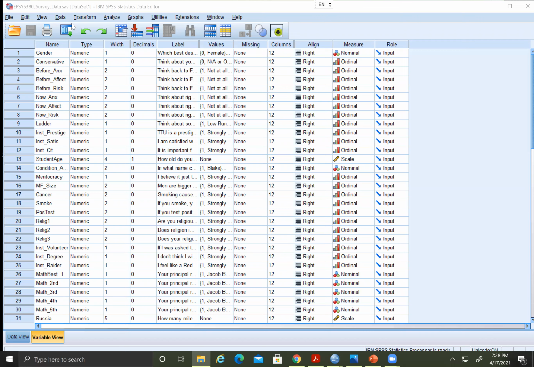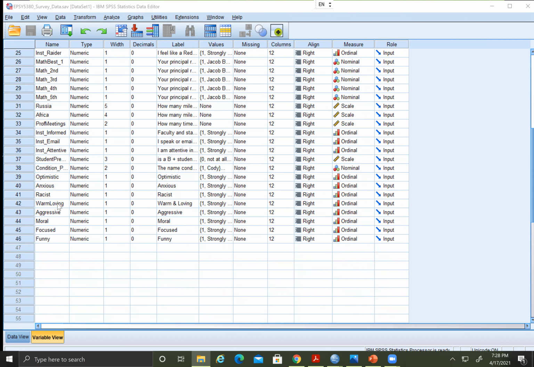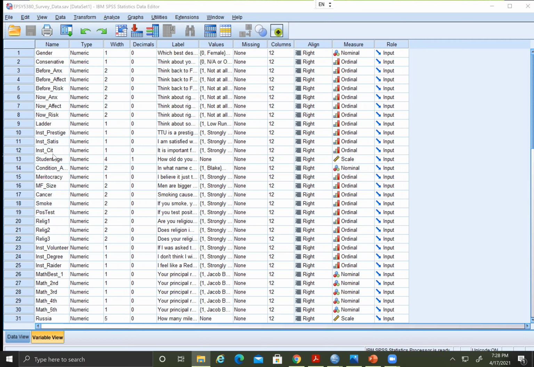Okay, I just opened the data here from my course. What we will do today is create a factor with 3 levels. We don't have one ready, so what we will do is just use this variable, ladder.